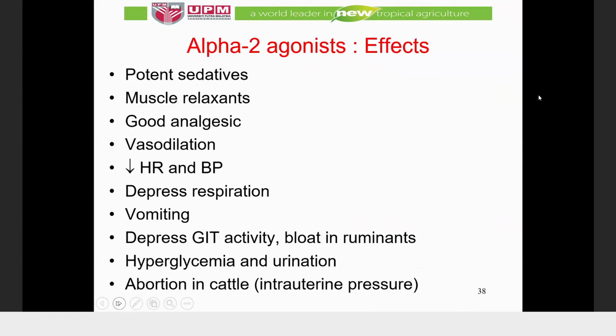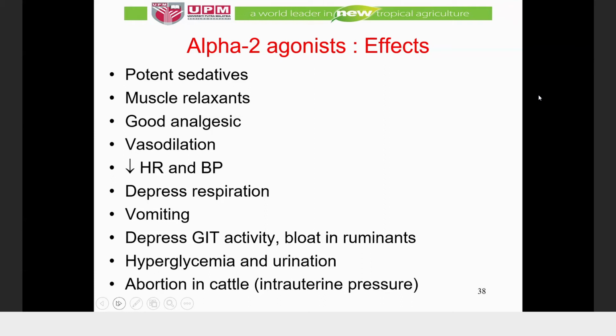Other effects: they are very potent sedatives. Potent means if you give the drug to an animal, the animal really will go down. It will sleep. You cannot awaken it until the effect of the drug is over. Muscle relaxation. The good thing is they are painkillers. They are very good analgesics, but they also have side effects.